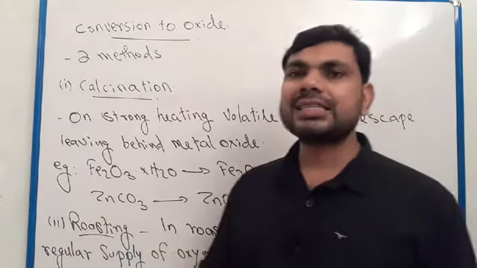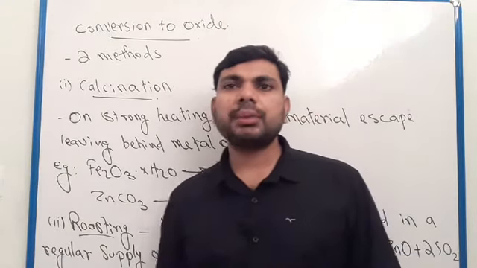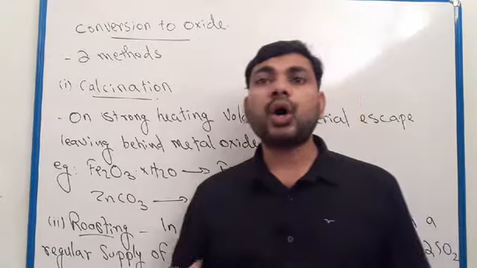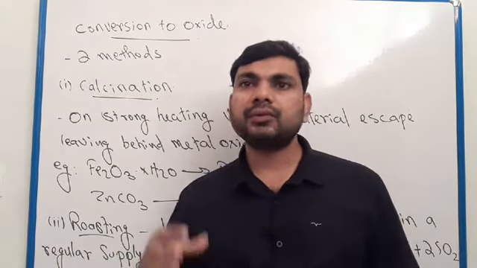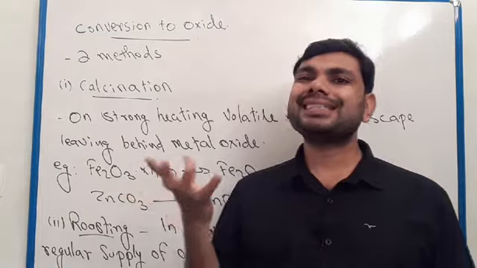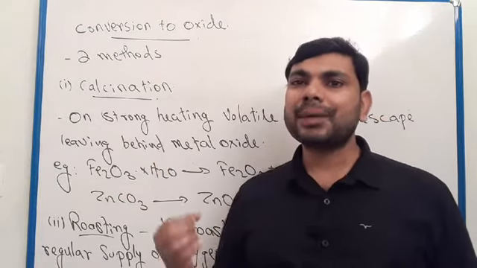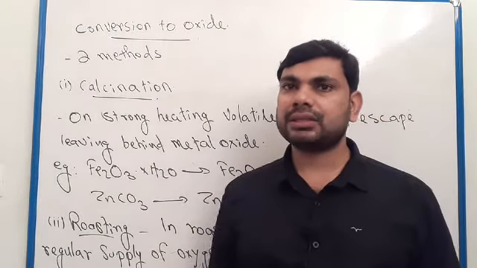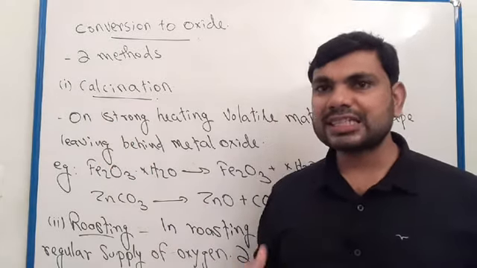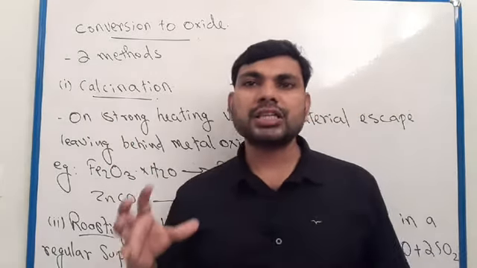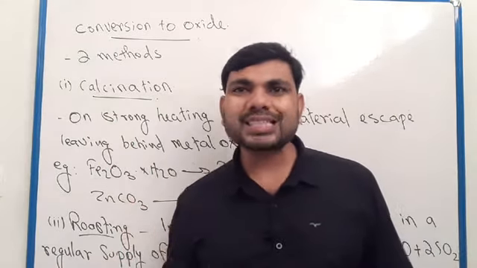First one, calcination. Calcination means the metal ore or concentrated ore is heated very strongly, and volatile material escapes outside and metal oxide is left behind. This method is called calcination. Example: hematite, hydrated iron oxide, heated very strongly.